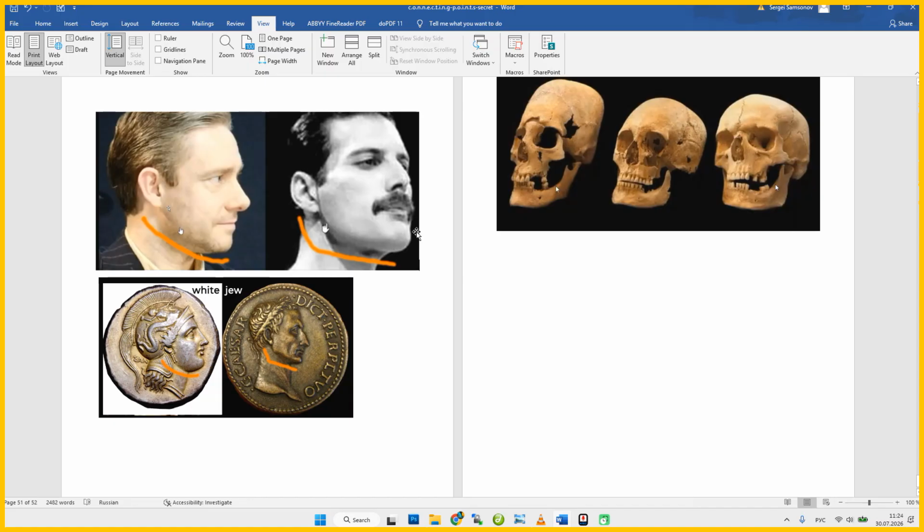And so, the third proof is skull thickness. Skull thickness is different. This is a Mongolian skull, and this is a white person's skull. I think both of them.